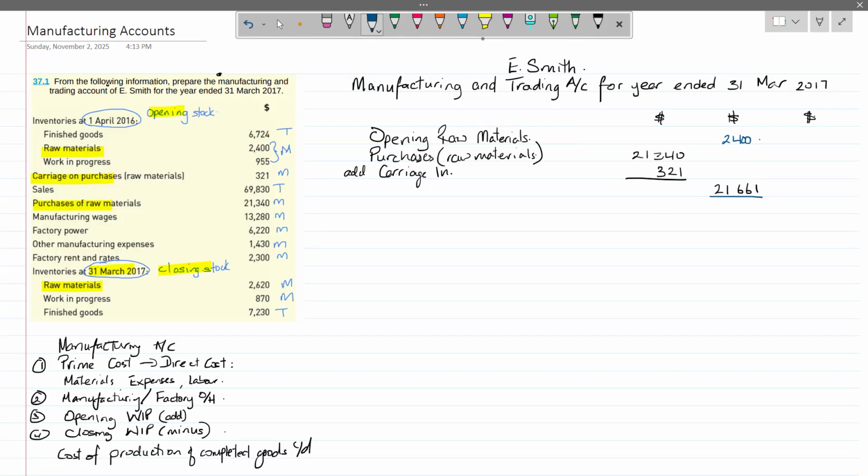If we add this together, we get a total that is the raw materials available for production, because I add whatever I buy to what I had already, the opening stock. Now from this, I will subtract my closing raw materials figure.